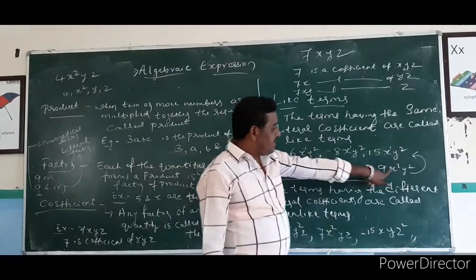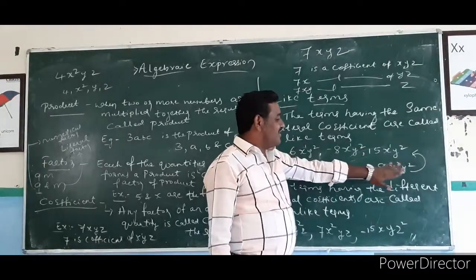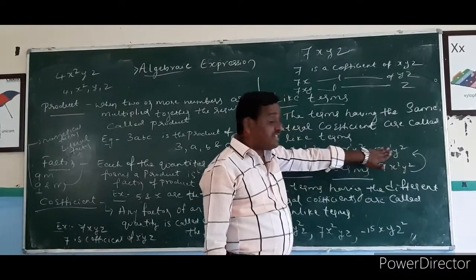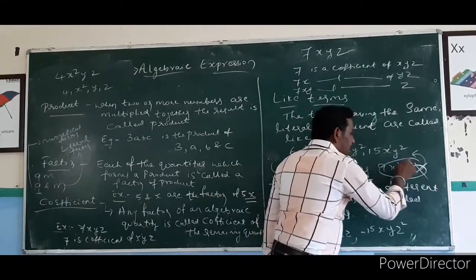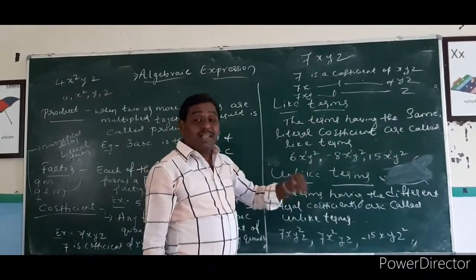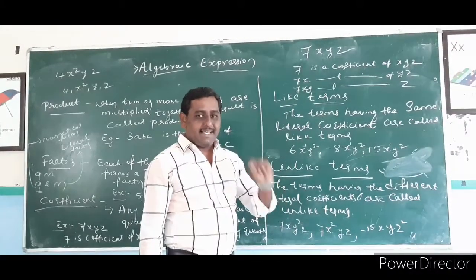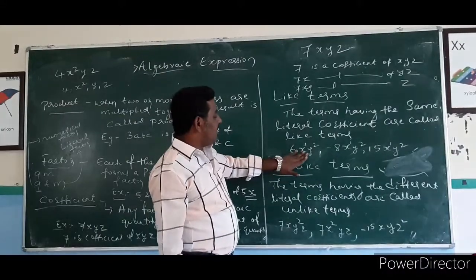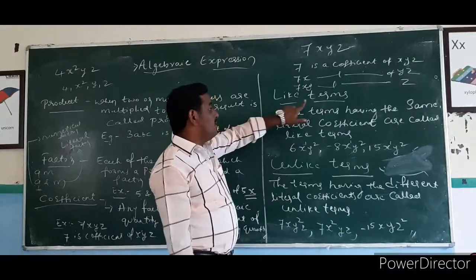Why? Here x to the power of 2 is there, whereas here x to the power of 1 is there. Even though y to the power of 2 matches, x to the power of 2 does not match x to the power of 1. That's why this is not a like term compared to this group. So only the literal coefficient with power and variable matters. If it is the same, don't bother about the numerical coefficient. If the literal coefficient and power are the same, the terms belong to like terms.